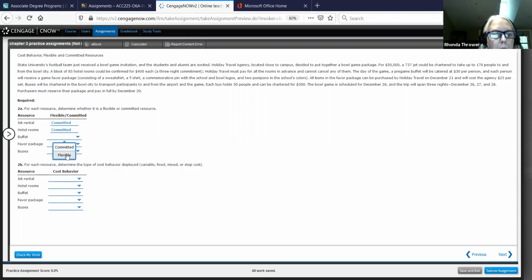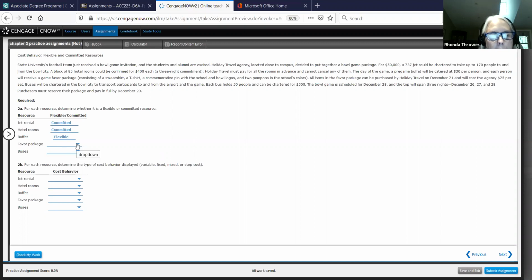It's flexible because even though we're going to be charging them $30 per person, we might have some people who choose not to come to the buffet. So the buffet is going to be variable depending on how many people attend. It is not a fixed type of expense. It is a flexible type of expense.